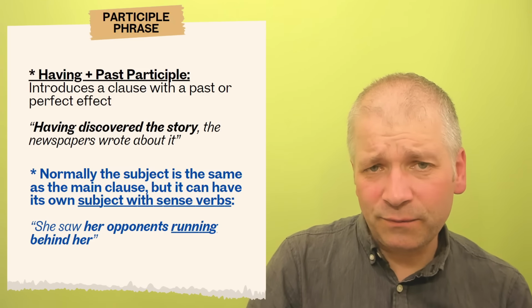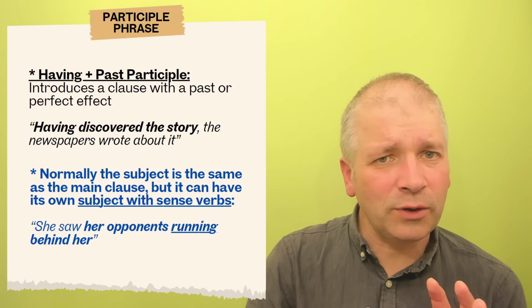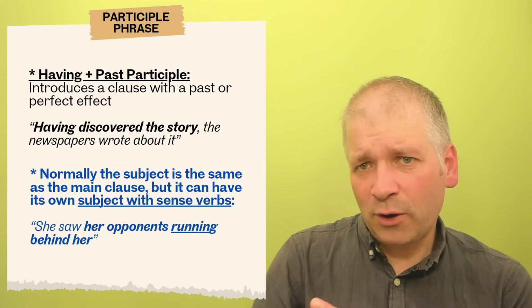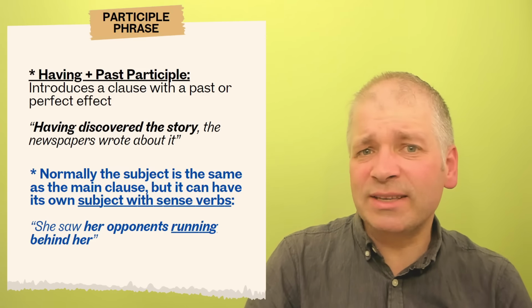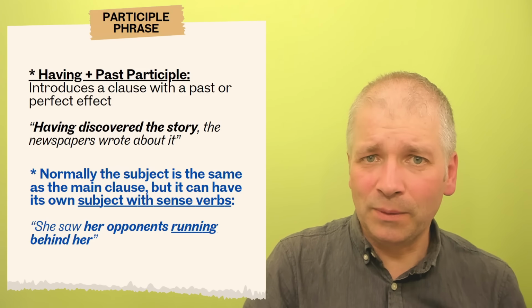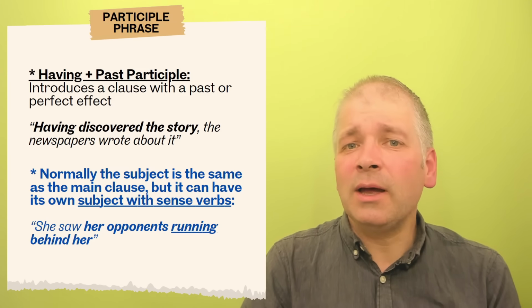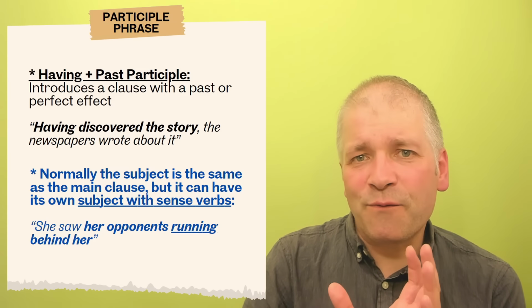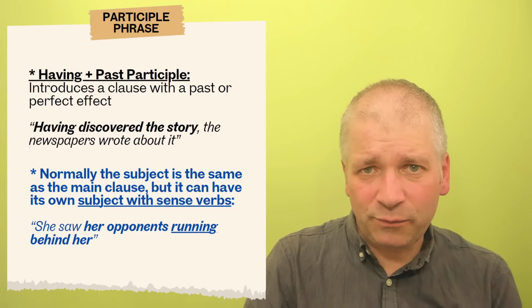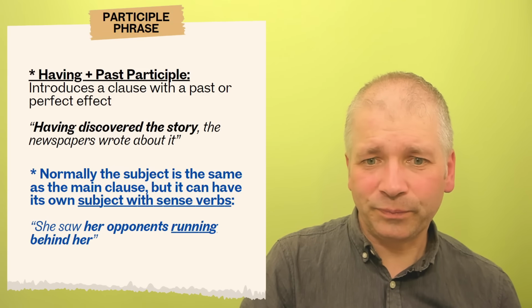So it can be a bit confusing here. You would expect after a noun, if you have a verb, that verb would take tense. But here it doesn't. It's a present participle. How do we know? Because she saw. Saw is a sense verb, and afterwards we can have a phrase that has its own subject followed by the participle.